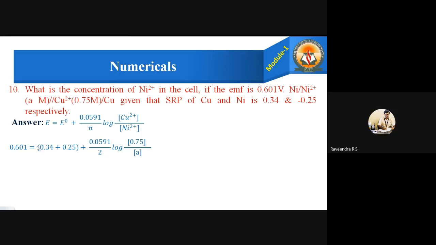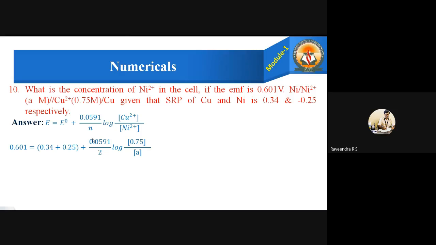The E value is given in the problem. The EMF is 0.601, which I am writing here: 0.601 equals E naught. We have to add these two, that is 0.34 for copper plus 0.25. Using the previously used E naught cell equals E of cathode minus E of anode, we will get plus 0.25.